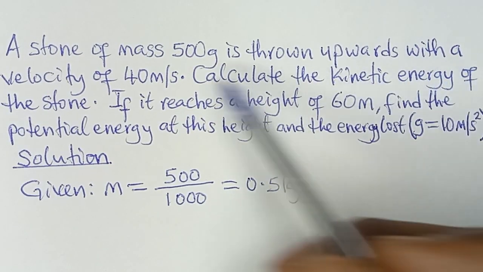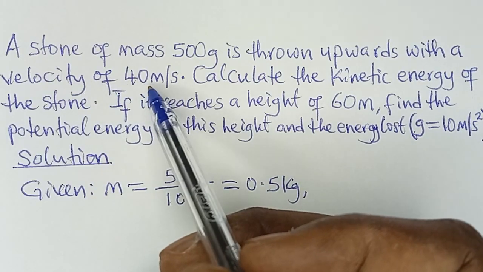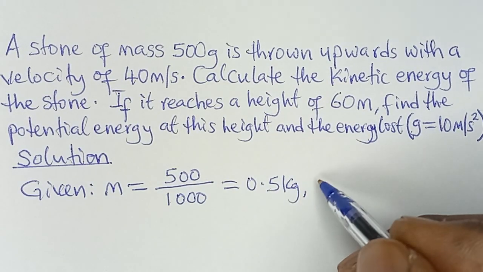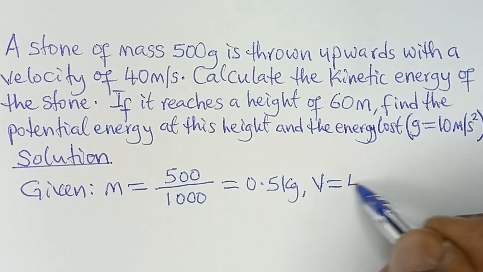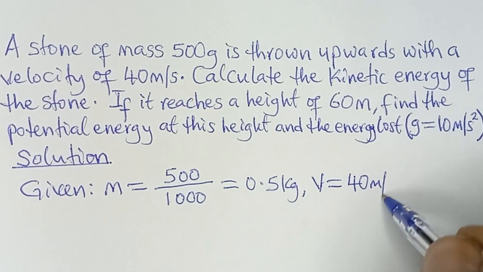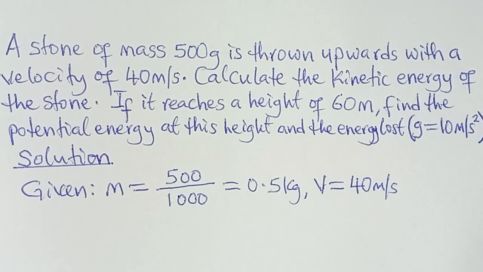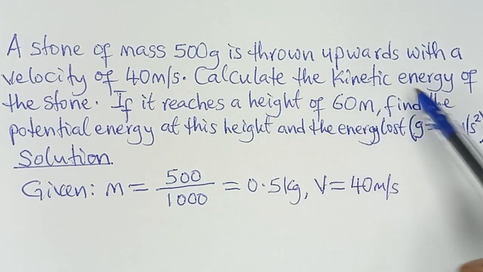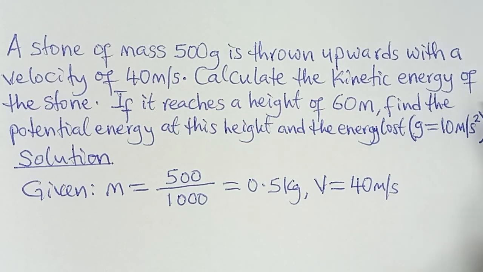And then moving further, the next parameter we are given in the question is the velocity. So I'll call that V is equal to 40 meters per second. That's the velocity that we're given in the question. Then after that, the next thing we are given is the height.